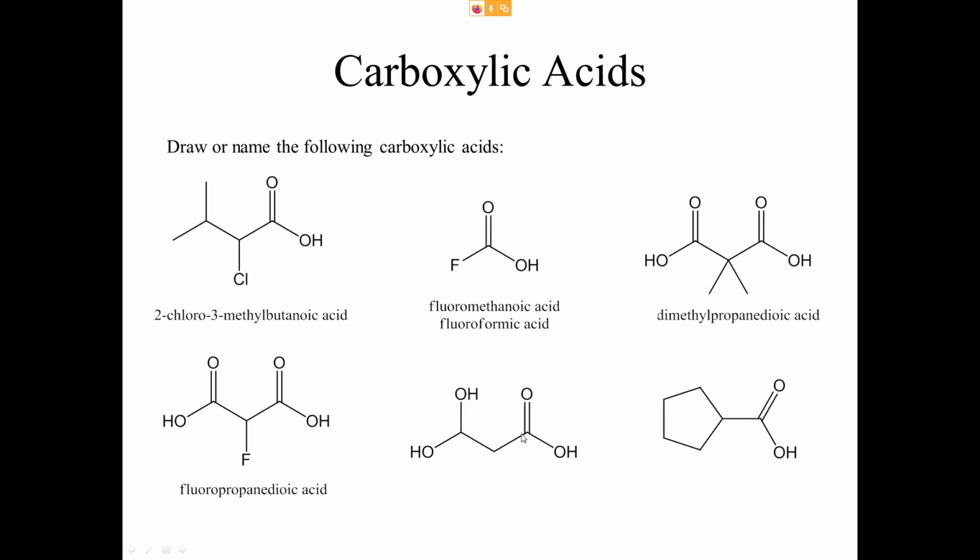Propanoic acid. And where are the hydroxys? They're on number 3, both of them. So it's a 3,3. That's their locations. Dihydroxy propanoic acid. So my question is, are the 3s necessary?